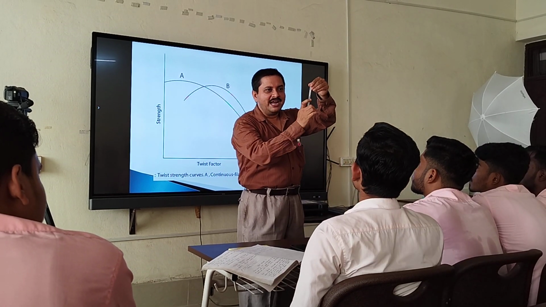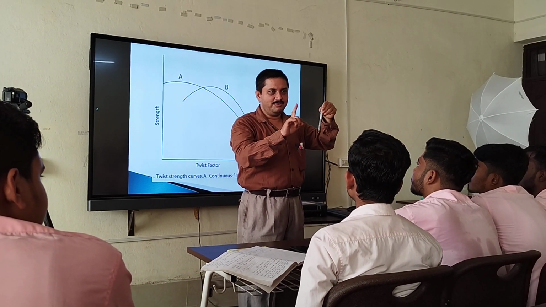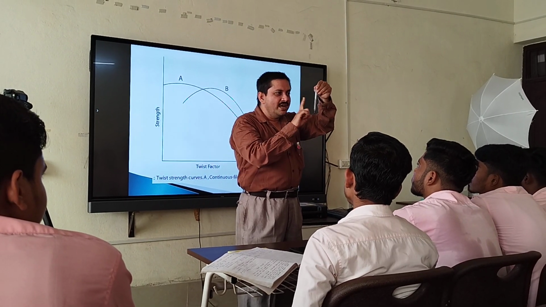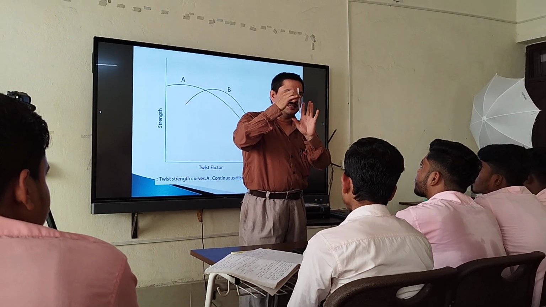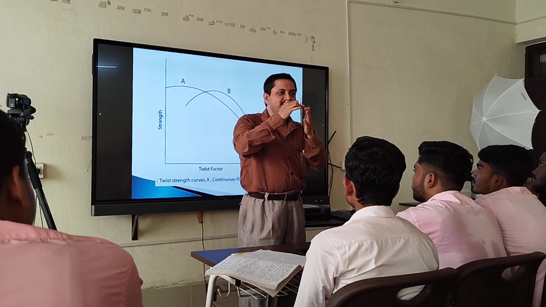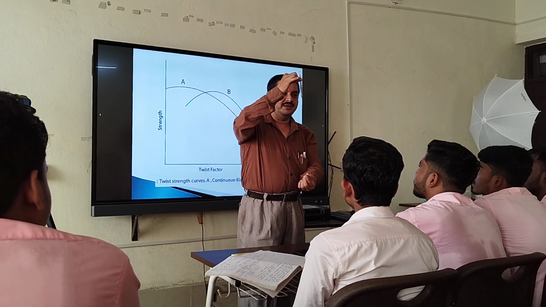Due to twist, the fibers are spirally bent. Got my point? As they are spirally bent, what will happen to the load bearing fibers? The T cos theta component will come into play.